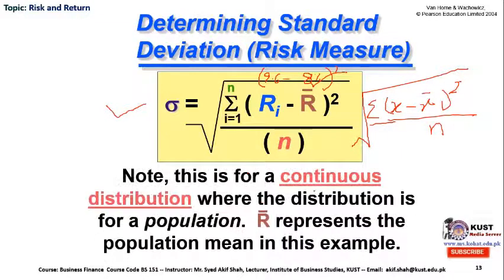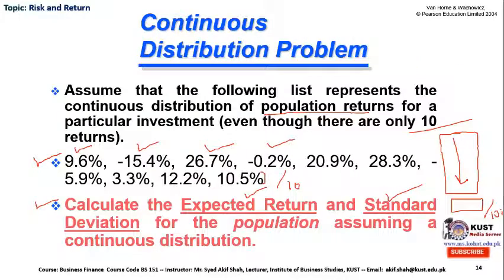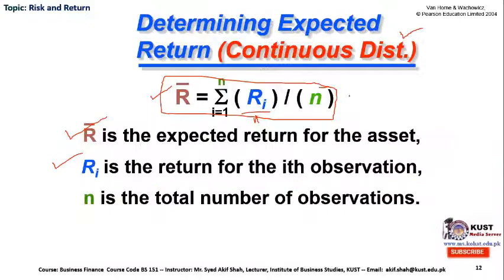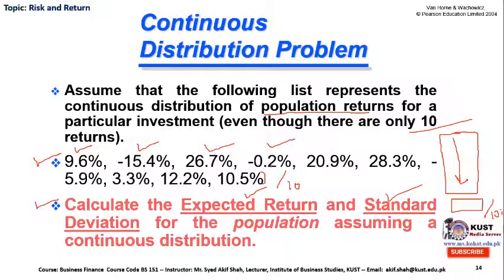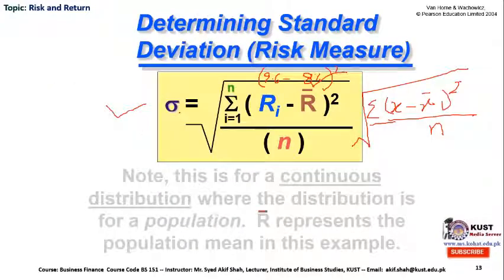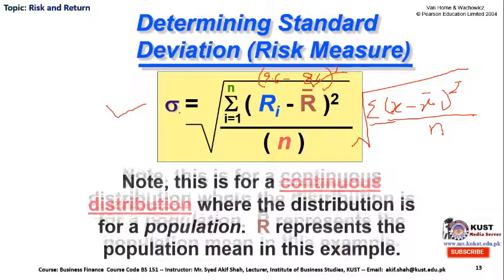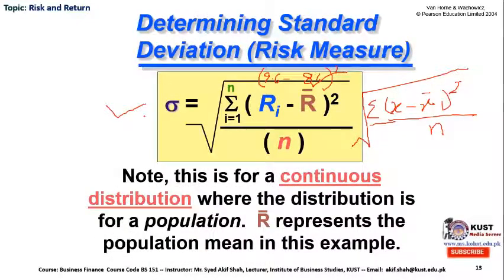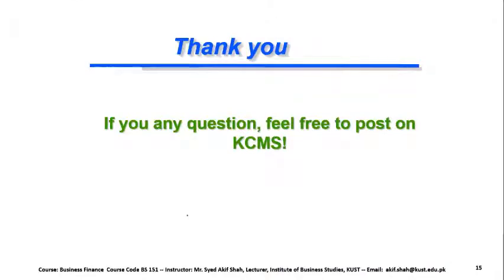Now note that this is for the continuous distribution, where the distribution is for a population, and R bar represents once again the mean value for that population. This is the way you can calculate the expected return with the help of this formula for continuous data, as well as the standard deviation by using this particular formula.